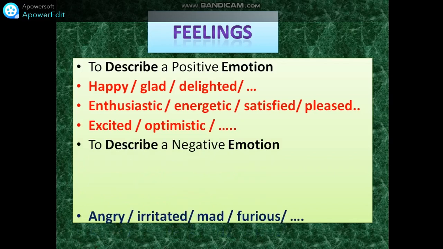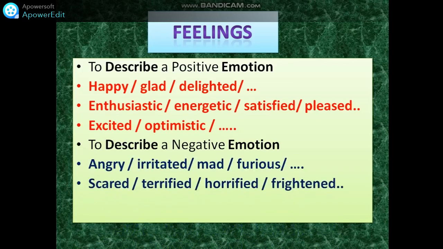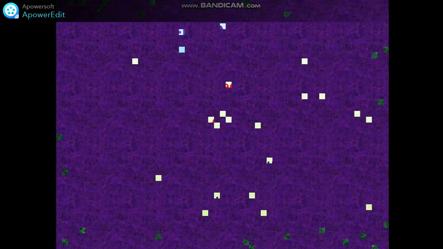You can say, for example, we were angry, we were irritated, we were mad, I was furious, or I was scared, terrified, horrified, frightened, or surprised, shocked, astonished. So these are the adjectives you need to know, okay, in order to describe your emotions, either positive or negative. Great.